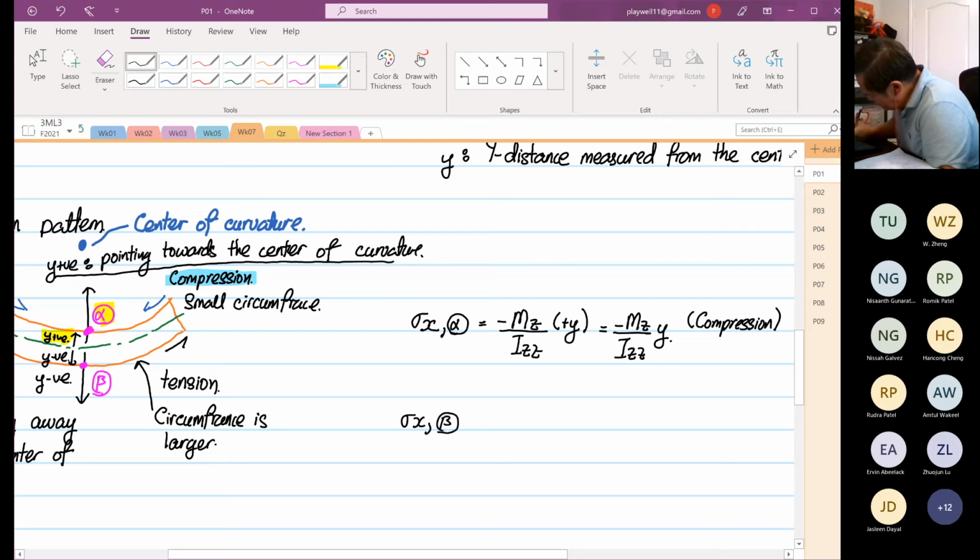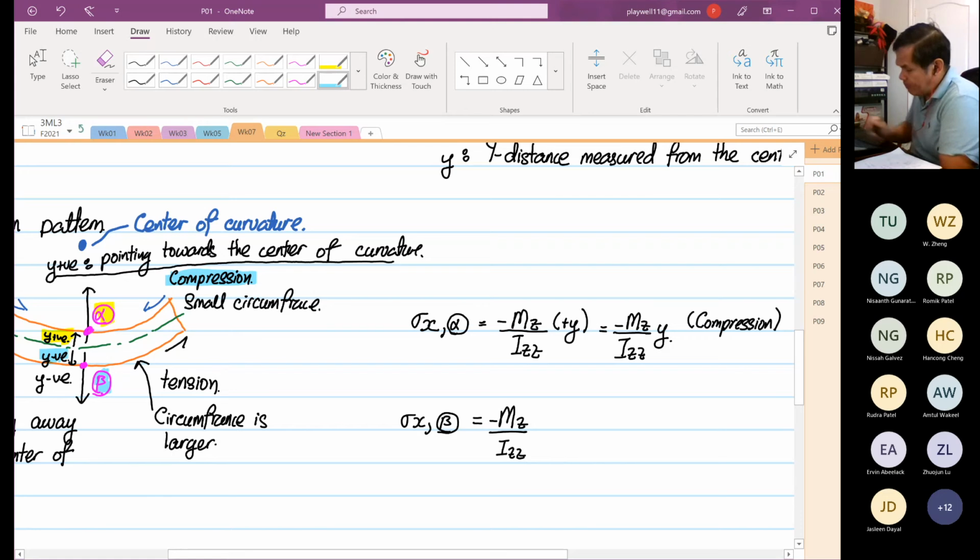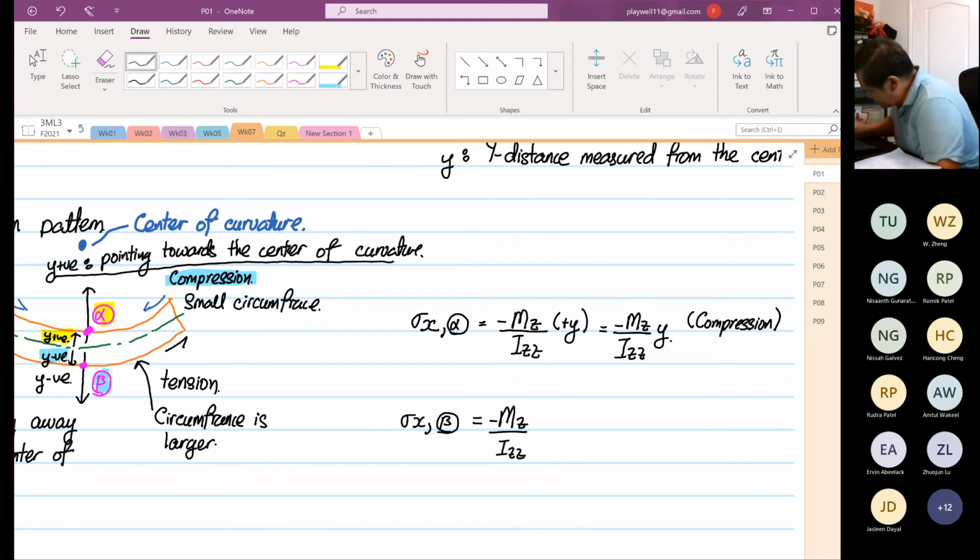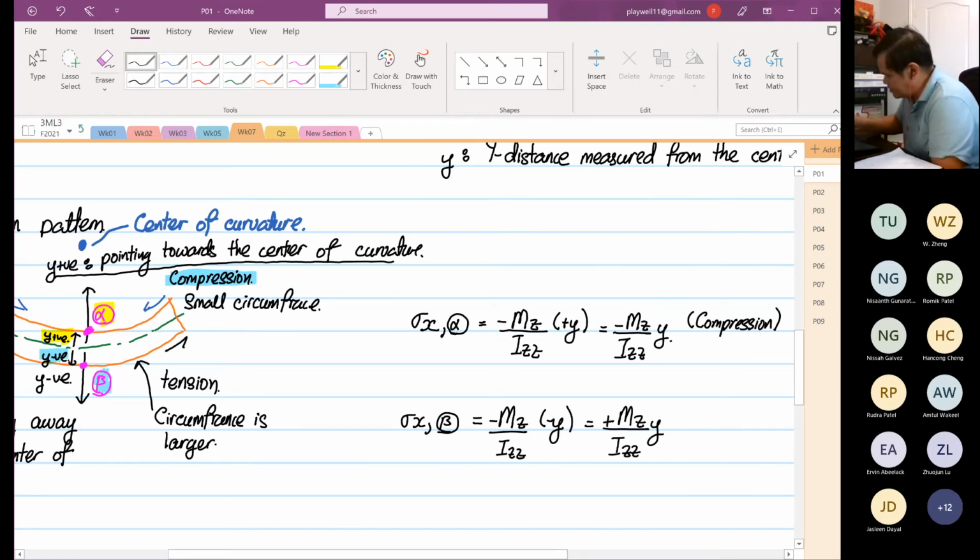Now if we were to do stress x at beta, it's still minus Mz over Izz. But if we look at point beta, Y is what? Negative now. So now this is minus Y. So this is equal to plus Mz over Izz multiplied by Y, because minus and minus is positive.